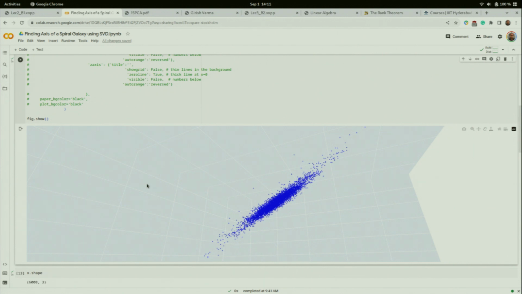The stars all lie close to a plane. So, maybe I should put my x and y axes: one x axis like this, a y axis perpendicular to the plane, and a c axis like this. That is a more natural coordinate system for the galaxy.